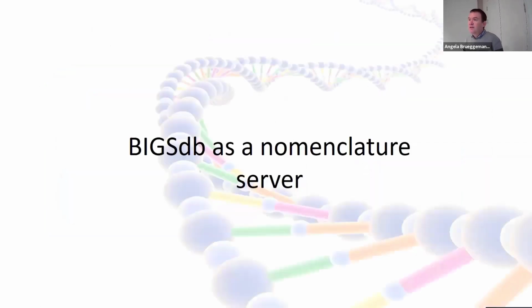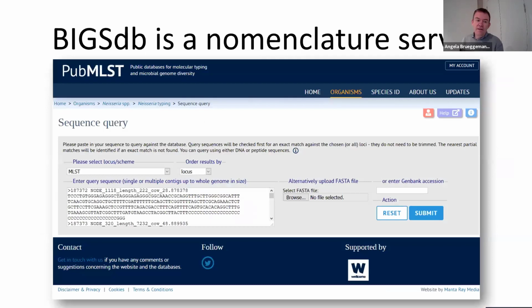If we're just using the typing database, the system on the left-hand side of that chart, then we can use BIGSdb just as a nomenclature server. So you can query it using your own sequence without having to put anything into the database. If you have a genome sequence or even just a Sanger sequencing run, you might have just 700 base pairs of sequence and you want to identify an allele, then you can just paste that into a web form, select the scheme or the locus that you're interested in querying against.